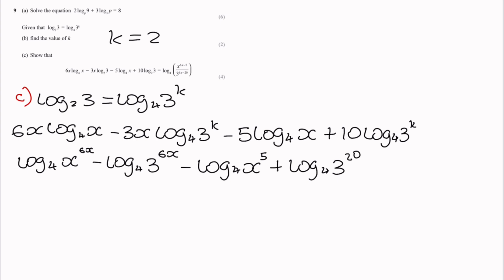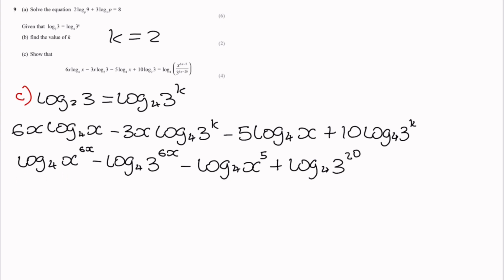So now we're going to simplify log to the base 4 of x to the power of 6x. When you're subtracting a log, so this one here, I'm working with these x terms first. When you're subtracting a log, you divide. So I'm going to divide by x to the power of 5.